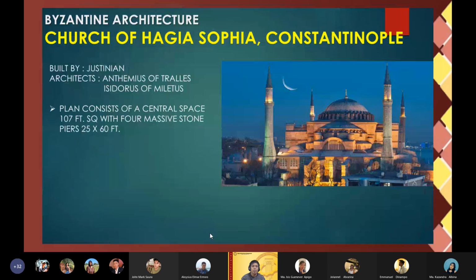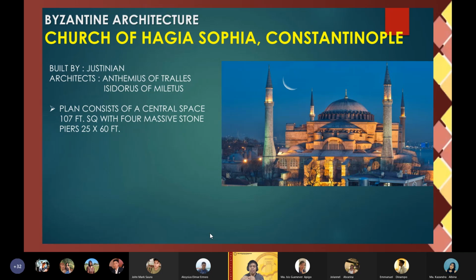Okay. So Byzantine architecture, this one, the Church of Hagia Sophia, built by Justinian. Justinian is an emperor. So ingani ang naitabo, during the time of Constantine, di ba siya may nag-start sa early Christian, at the same time siya ay nagsugod sa Byzantine architecture.